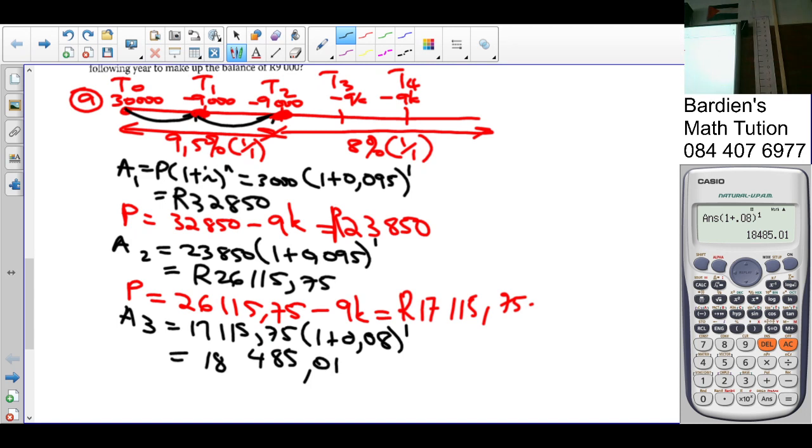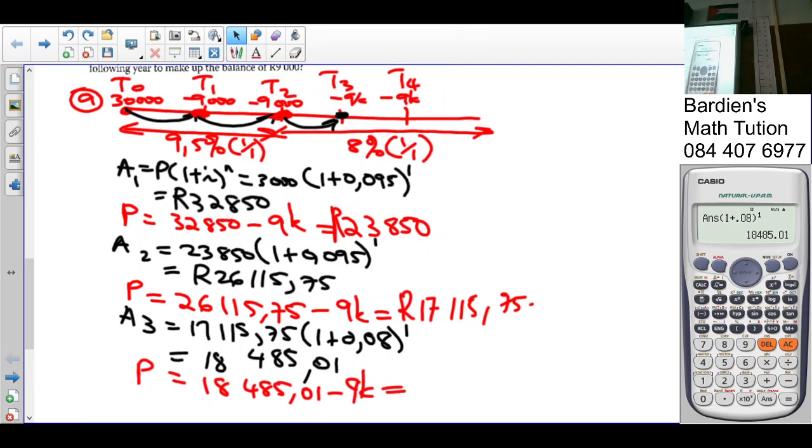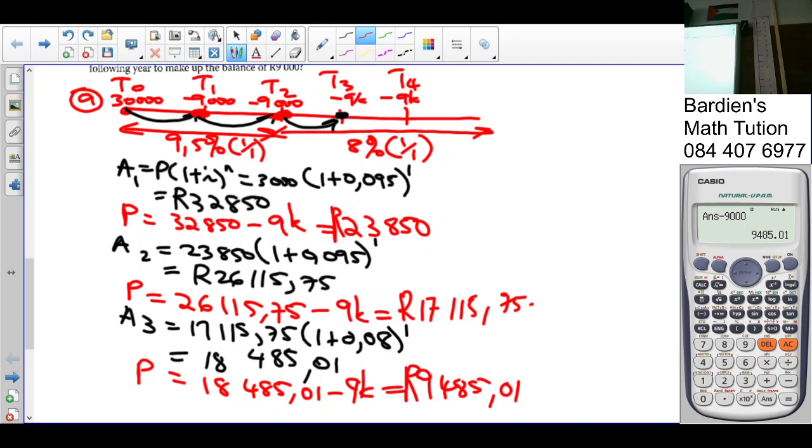So what happens now? You draw interest, but you're going to withdraw another 9,000 Rand. So P is equal to 18,485 Rand and 1 cent minus 9,000. So your answer minus 9,000 gives us 9,485 Rand and 1 cent. So that's the principal now.